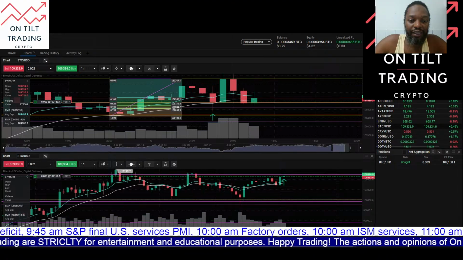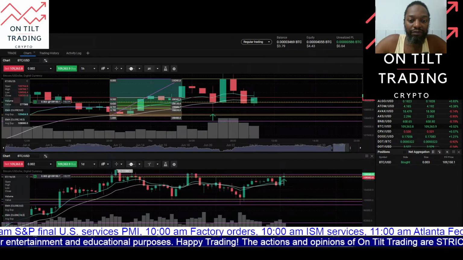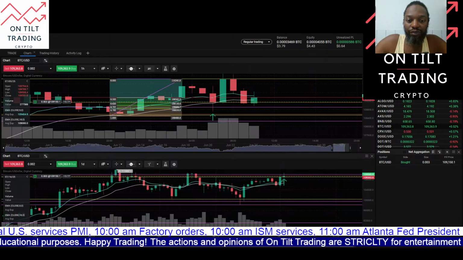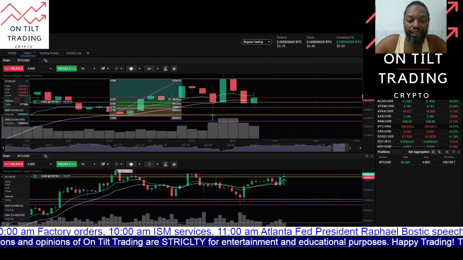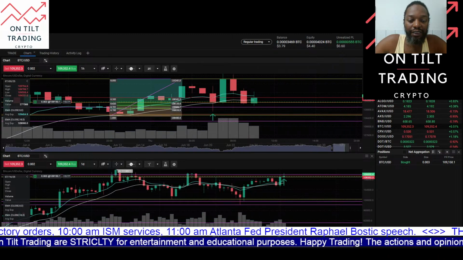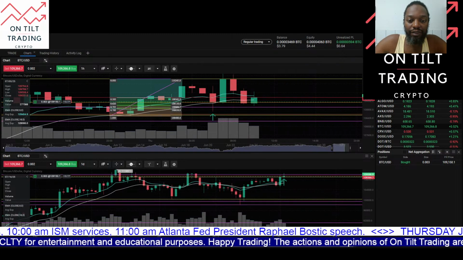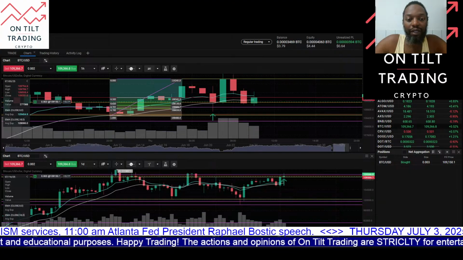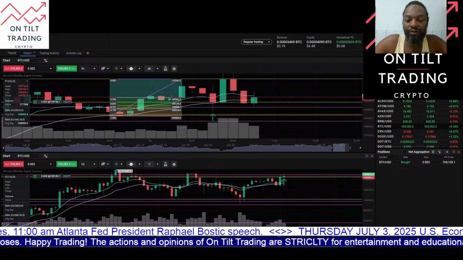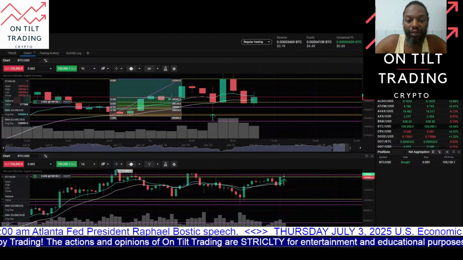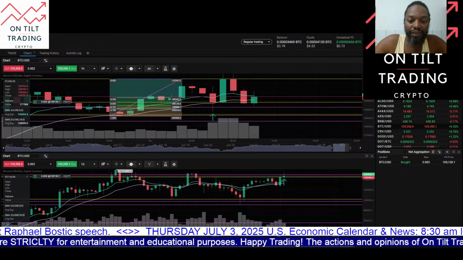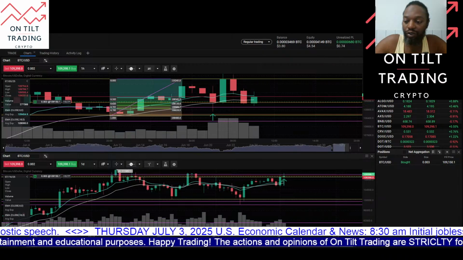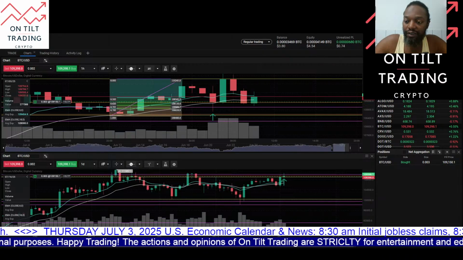I stepped my stop up from this level up to this level, because if price were to break below this level here, there's nothing stopping it from getting to here, and I would expect there to be a higher probability of price trading through that level once this intermediate term low is violated.